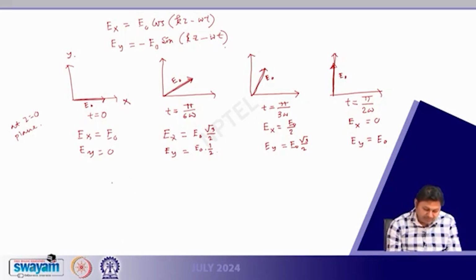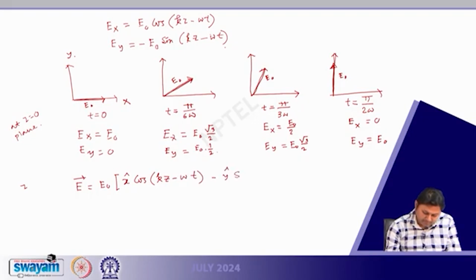So, this is for this kind of electric field distribution when E is equal to E naught x unit vector cos of, let me write for the general one, (kz minus omega t), and then minus y unit vector sine of (kz minus omega t).